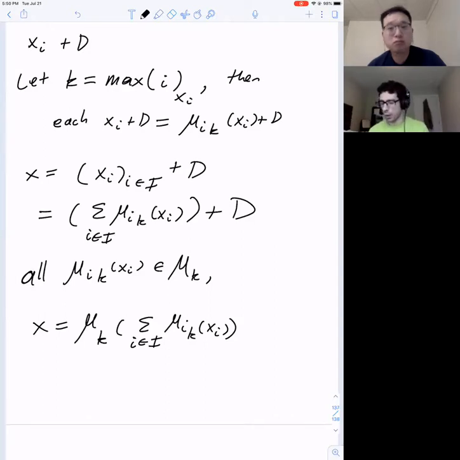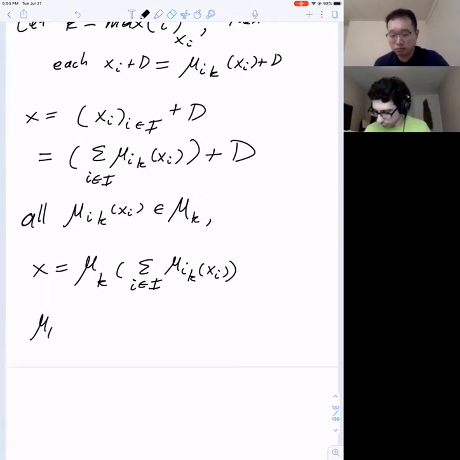So every element of the direct limit is just some image from one single group. Okay, so that's the easier of the two questions.